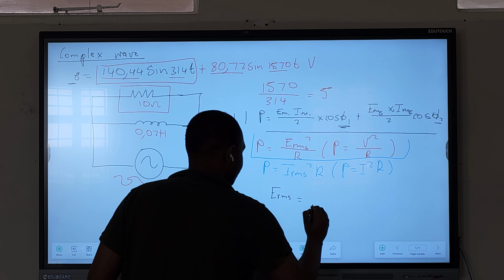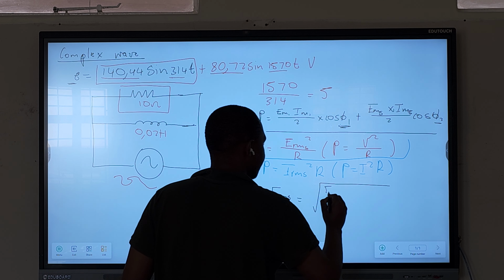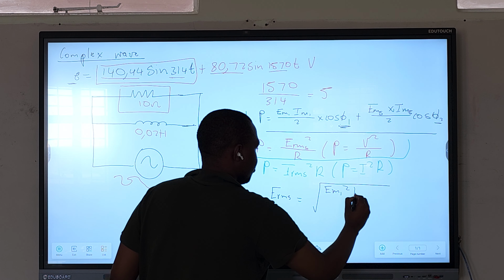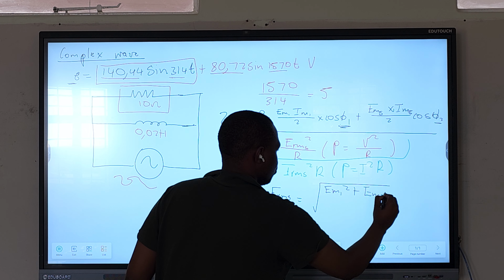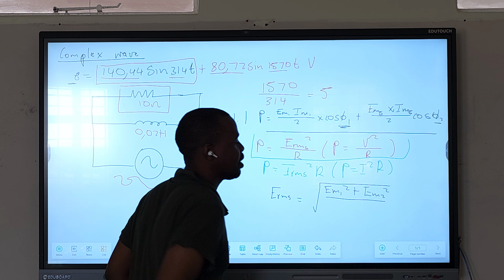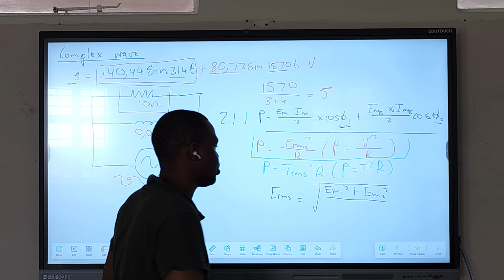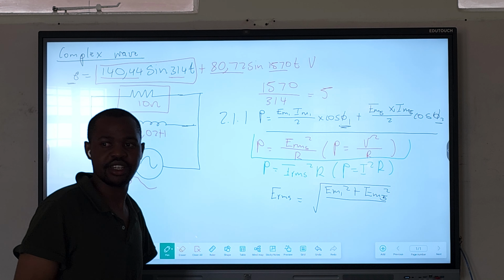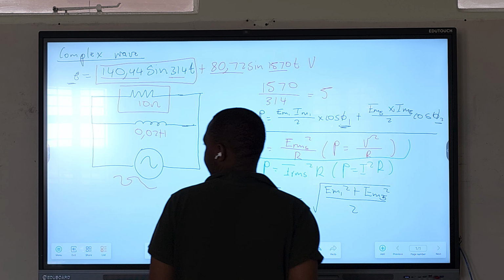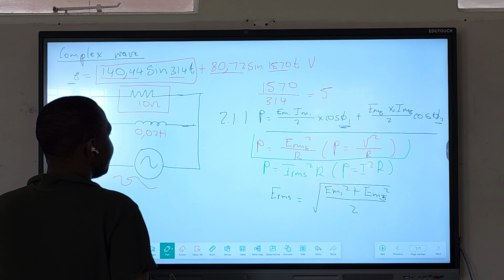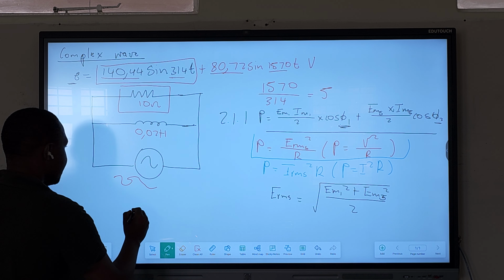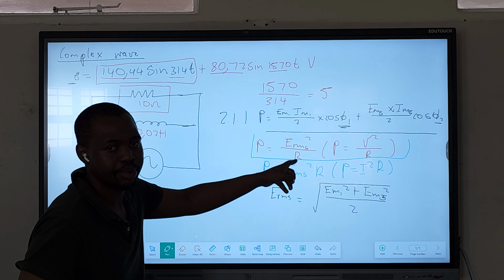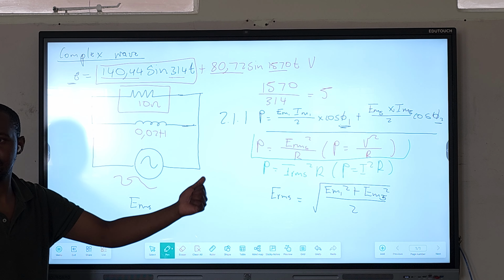E RMS is equal to the square root of E max 1 over root 2, squared, plus E max 5 over root 2, squared, because we are talking of the fifth harmonic. So let us find E RMS so that we can find the power absorbed, because we have the resistance.